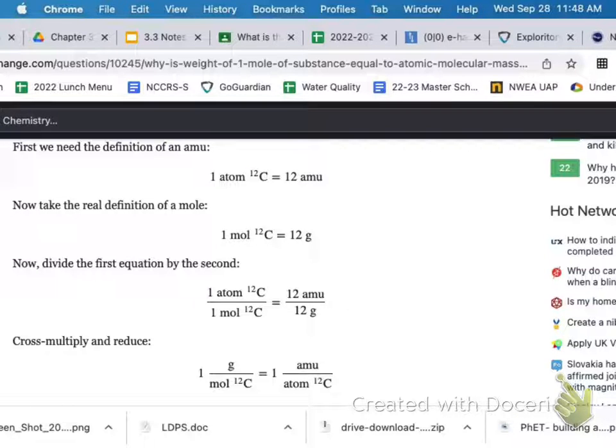So when I ask you for the molar mass of a substance, you can look at the periodic table and find it. The molar mass of carbon is 12.01 grams. The average atomic mass of an atom of carbon, in unified atomic mass units, is 12.01 U. It's the same.